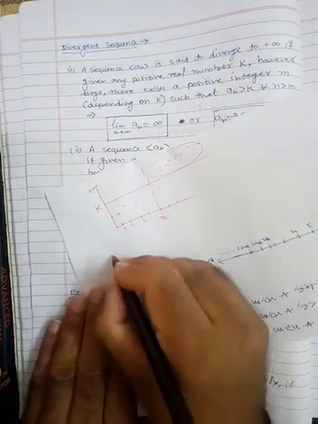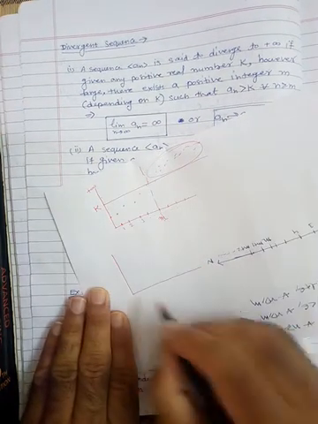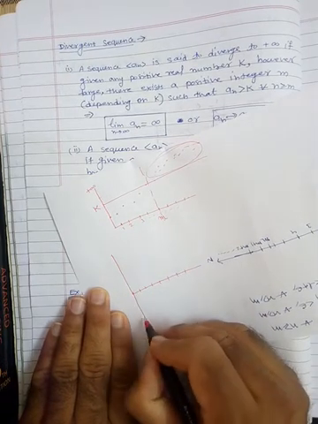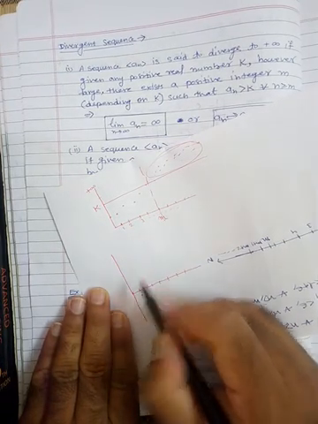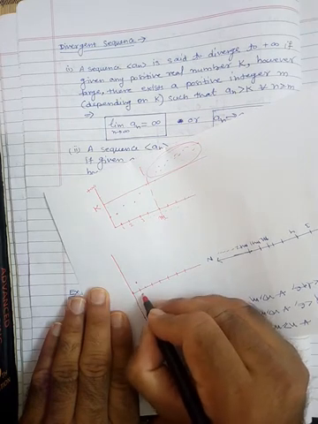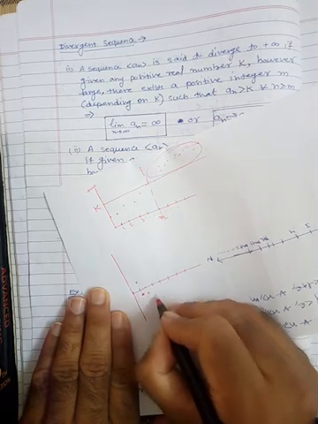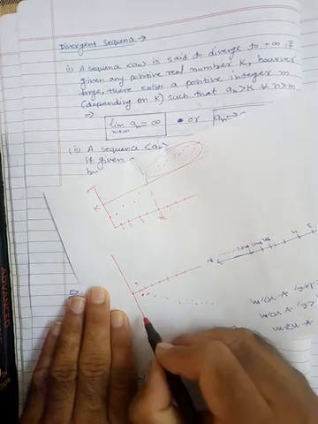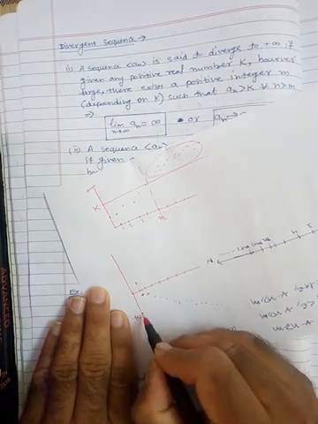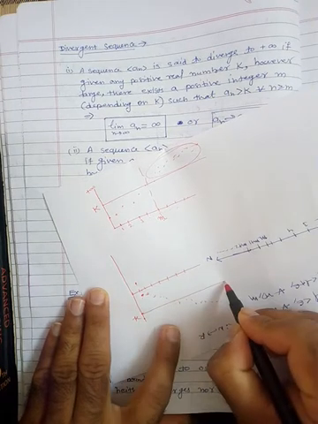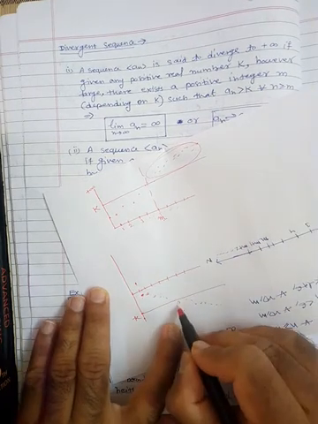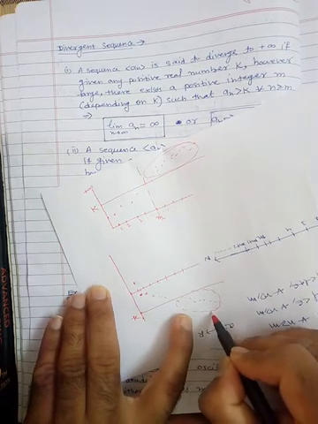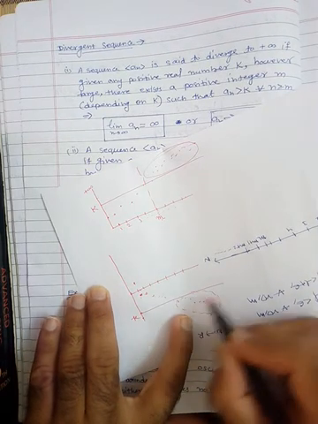That means if this is our sequence, suppose a few terms are positive, maybe here or here, and then this is the pattern of the sequence. Then this number is k, however small. Cut it here, and still you get terms which are smaller than k.